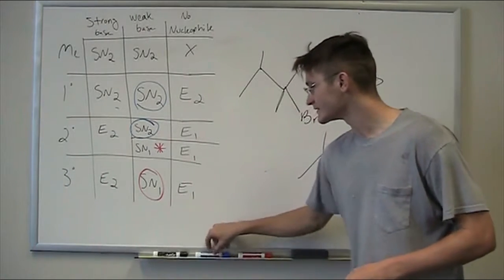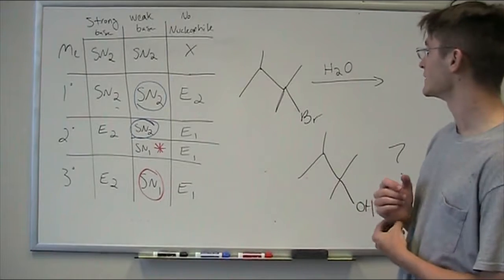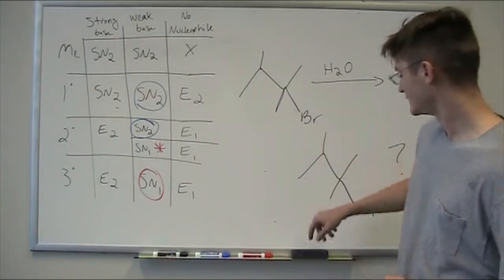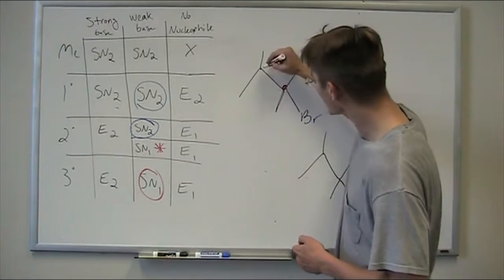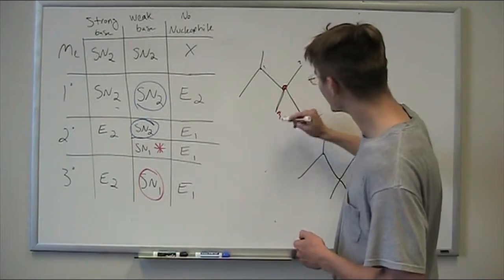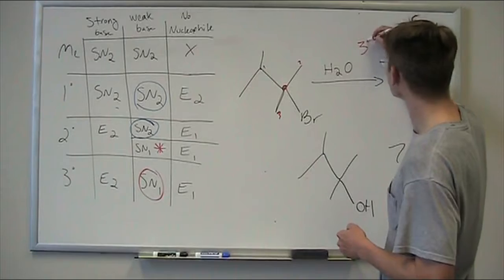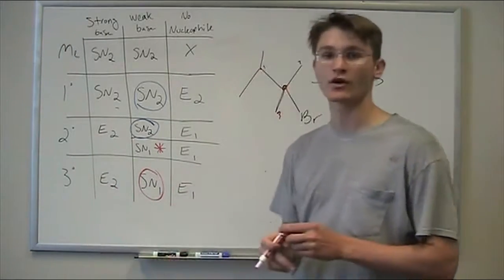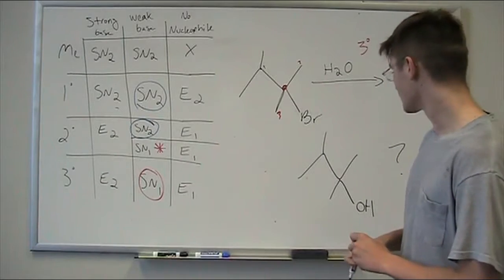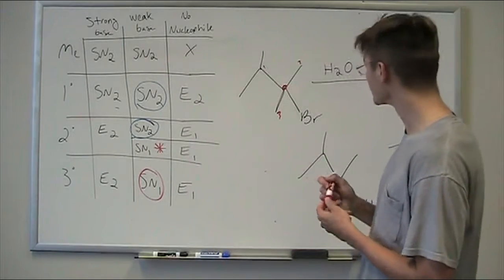So let's break it down. Our bromo is attached to this carbon right here, and this carbon is a 1, 2, 3. It's a 3°. I think we're going to go SN1 again. So how is this one formed?